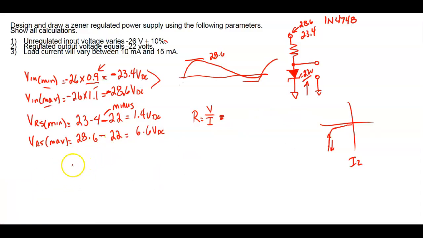So IZ, VIN. If VIN goes up, zener current is going to go up. And if VIN goes down, zener current is going to go down. So your zener current varies in the same direction as the input voltage. Everybody okay? That makes sense?